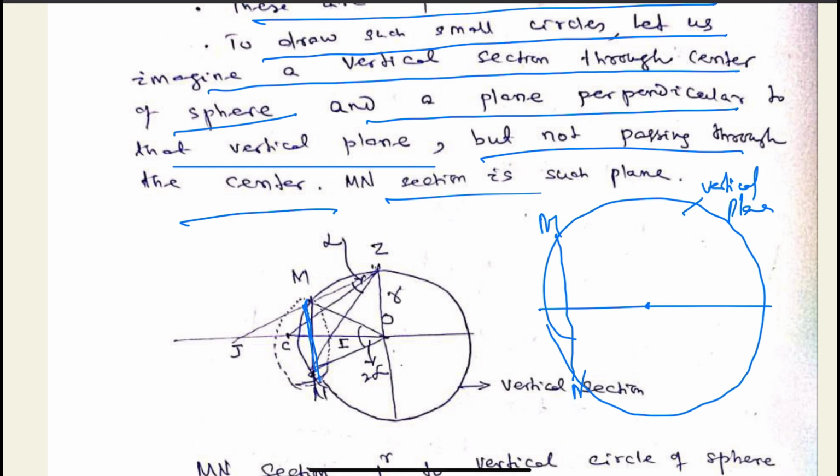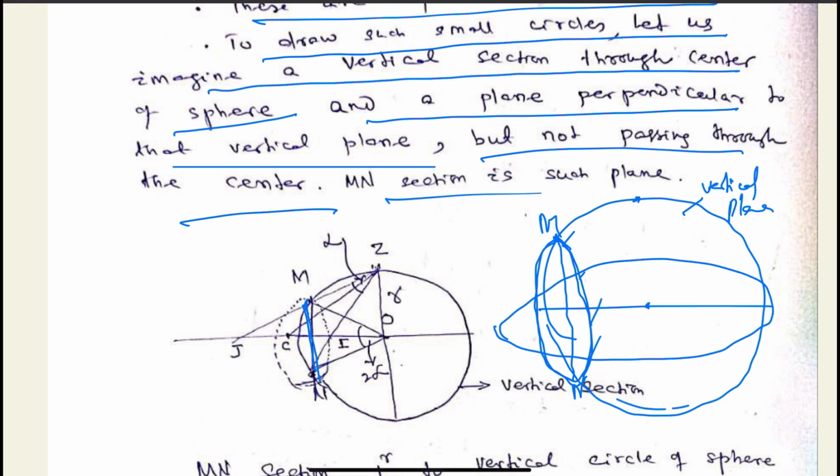So this is the vertical circle, this will be the zenith point, and if this is the section, this section will be a circle in the sphere. So if you join each point to this zenith point, then we will get the representation of this circular section on the equatorial plane.